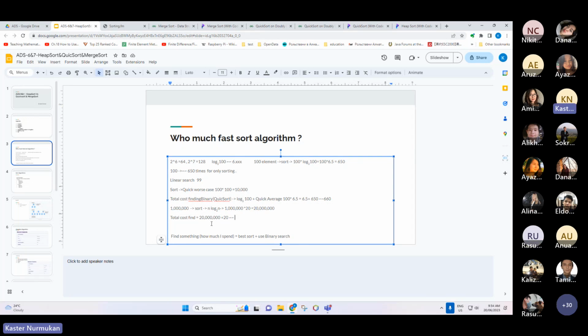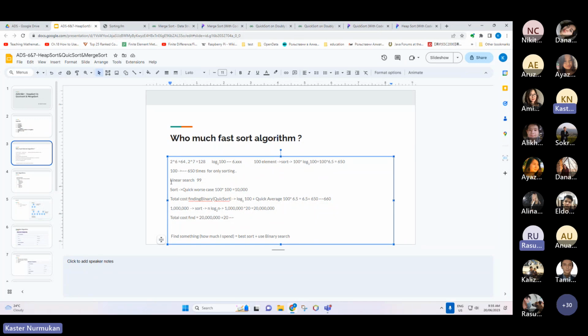So 20 million is much more than that. If I'm reusing it a second time, a third time, I will get the benefit. But the first time, it is very costly.